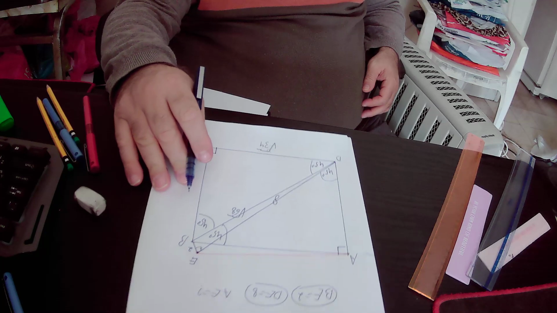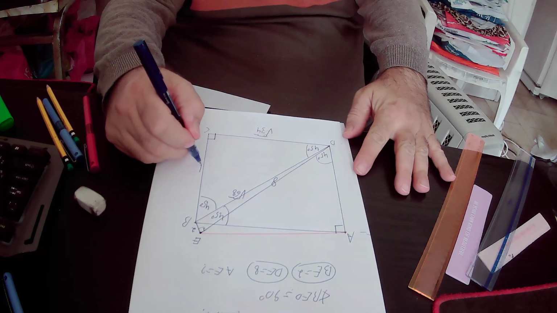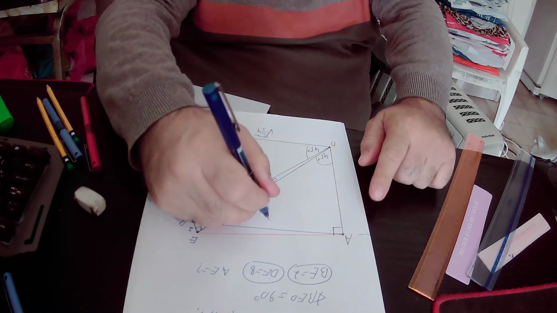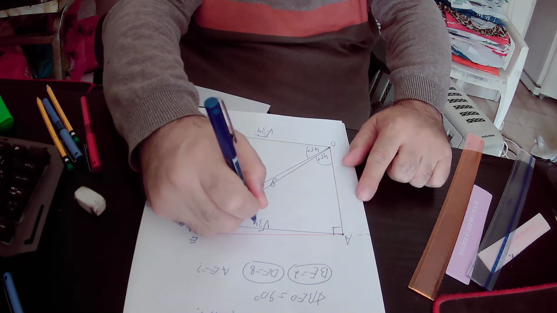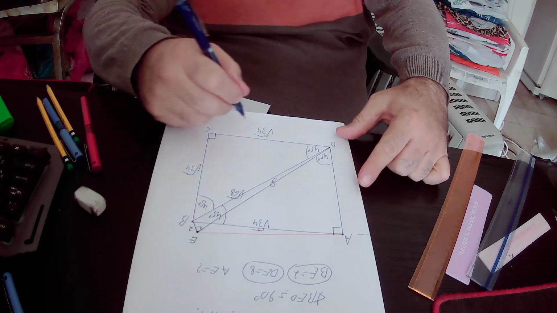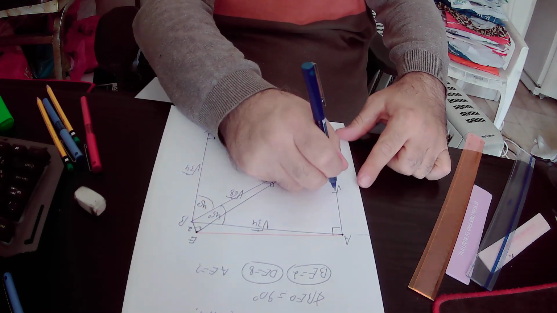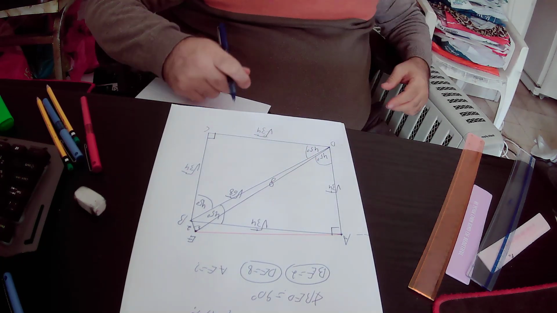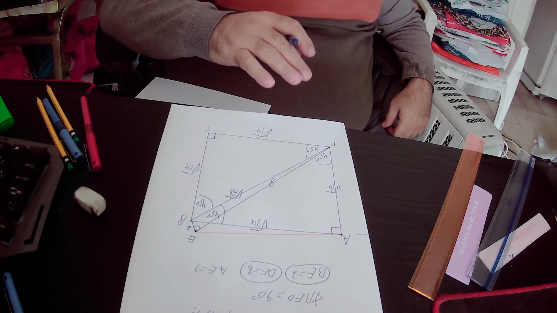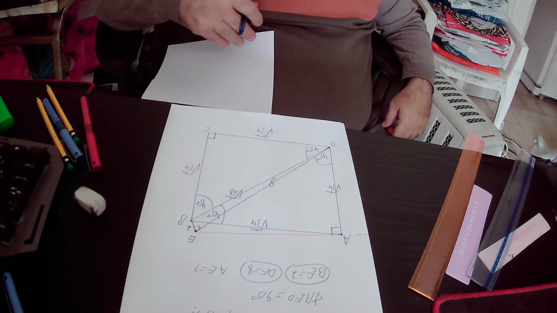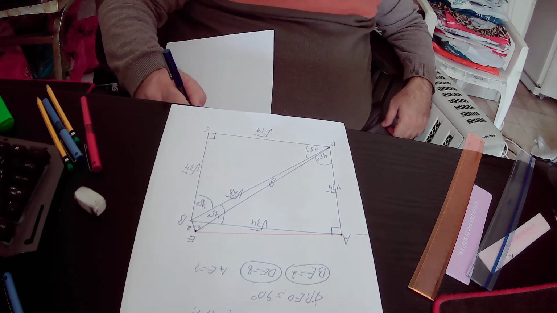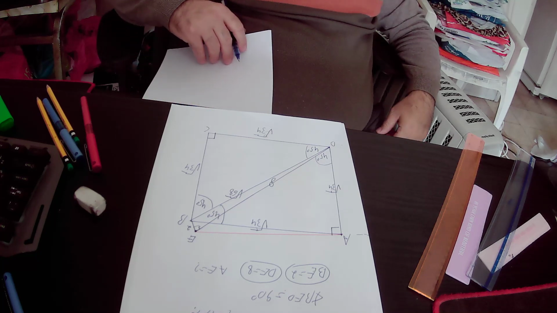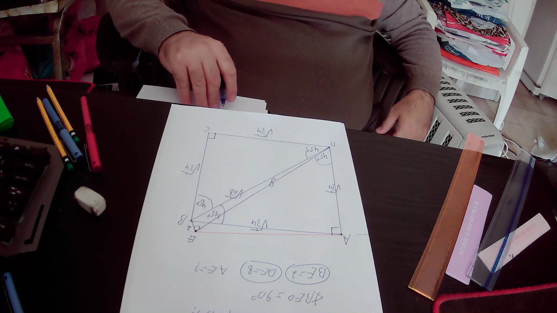BC will also equal square root of 34 units, AB will also equal square root of 34 units, and AD will also equal square root of 34 units. So in the next step I will present to you a new rule, rule number 2, and we will implement rule number 2 in our drawing.